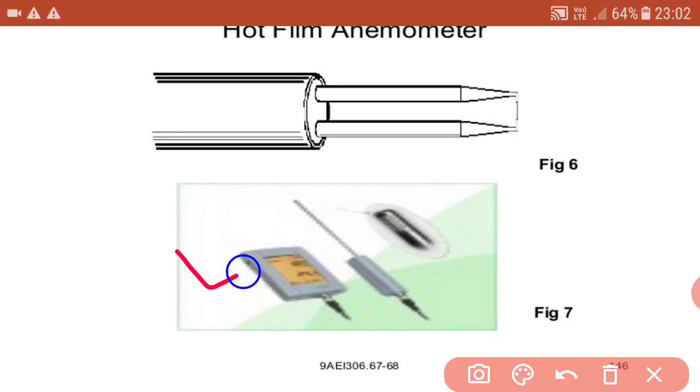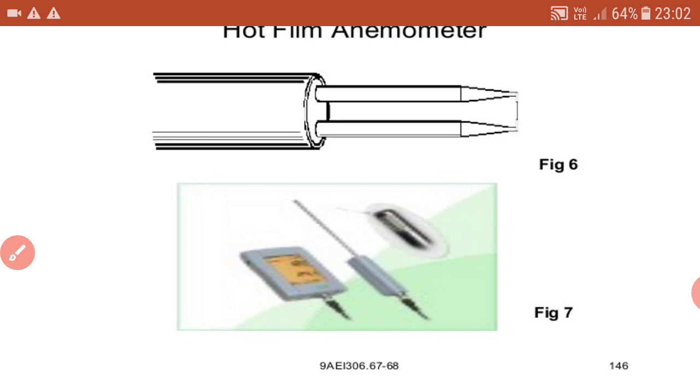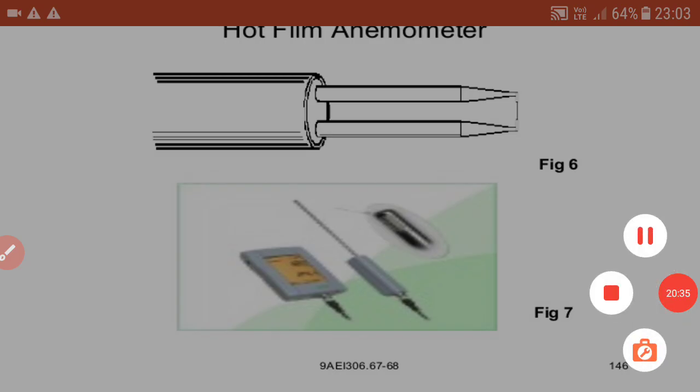Here we can see the small sizes of the hot film anemometer. It is available in different sizes and shapes. We can consider this an advantage. So this type of transducer is very useful, accurate and efficient compared to other types of transducers. Okay, thank you.